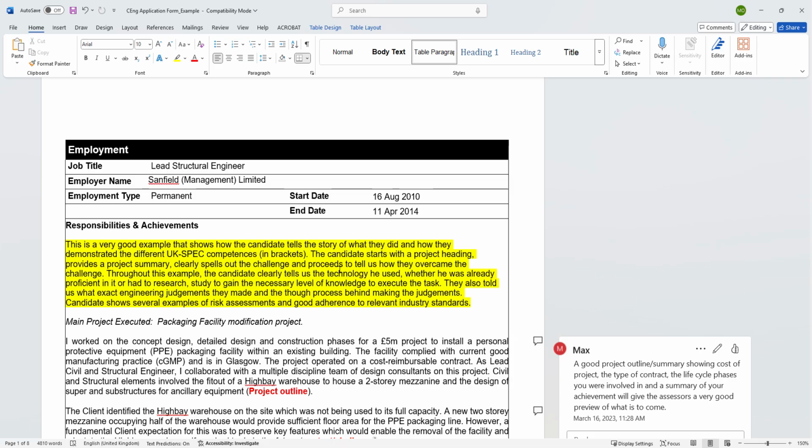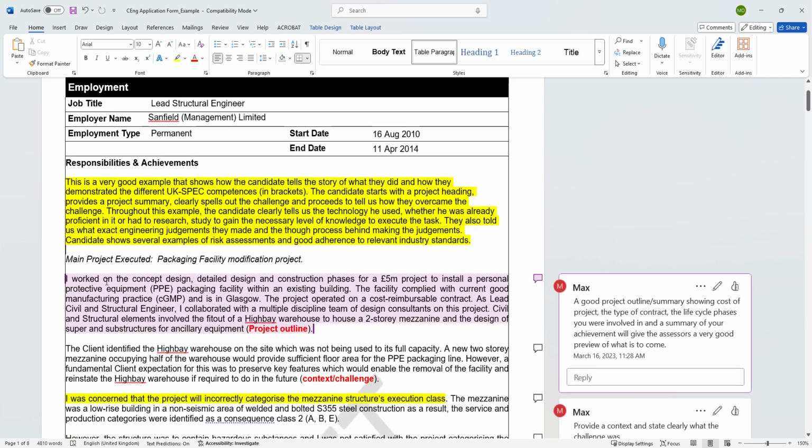They also told us what exact engineering judgments they made and the thought process behind making the judgments. The candidate shows several examples of risk assessments and good adherence to relevant industry standards. So let's dig into the project.